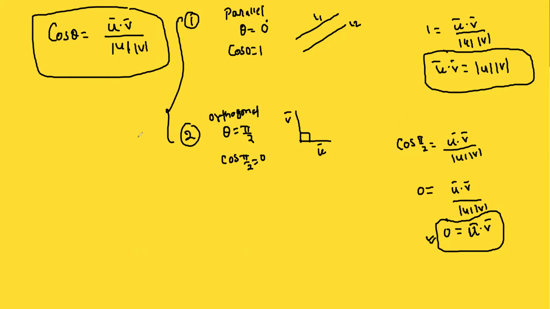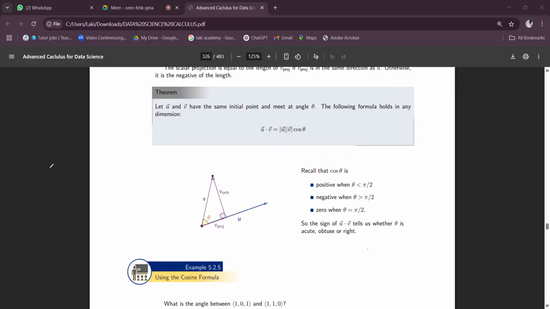In computer science, it means these two vectors have no relationship to each other. These two points are very important relationships.